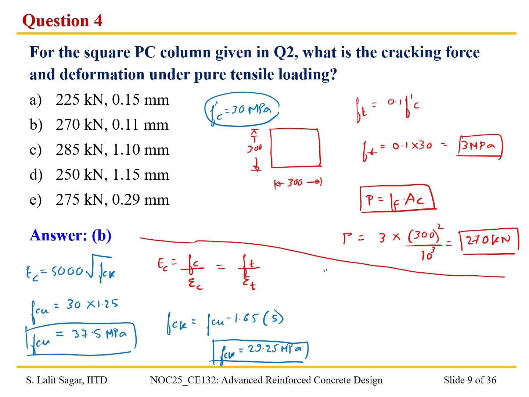So we can find out the value of the elastic modulus of concrete, that is Ec is equal to 5000 into square root of 29.25, which gives us a value of 27,041.6 MPa.